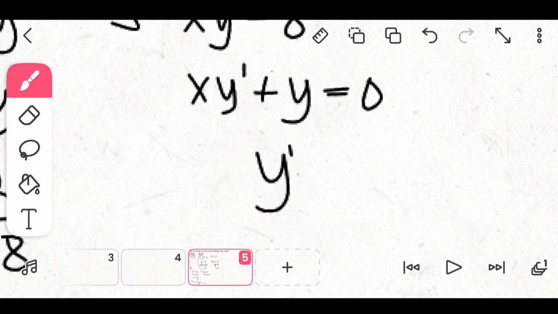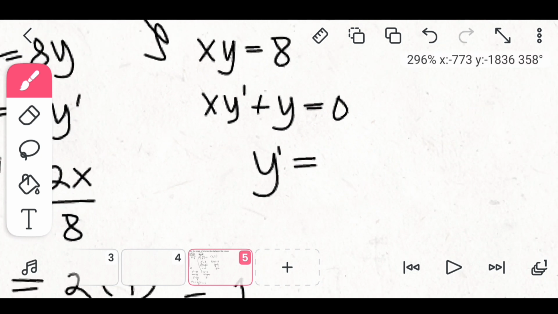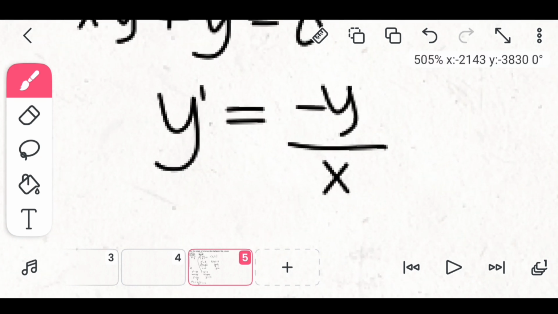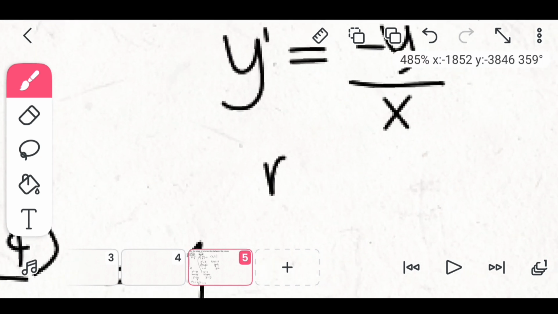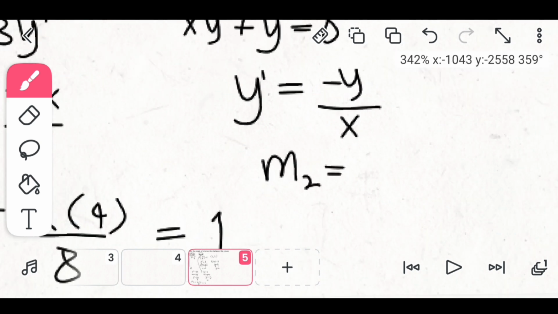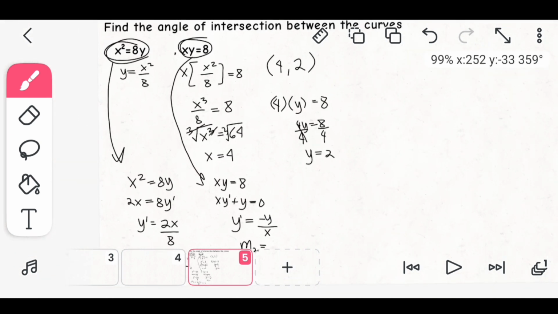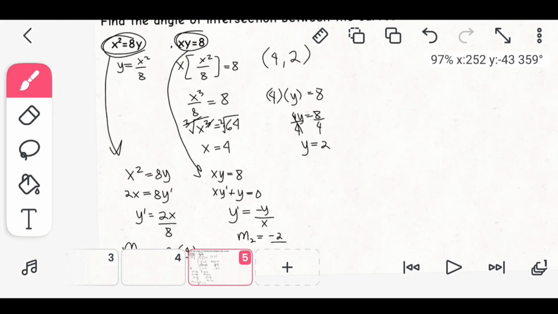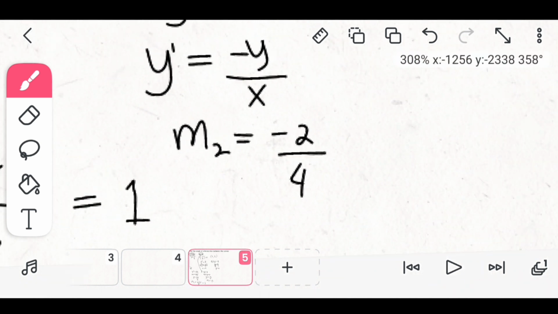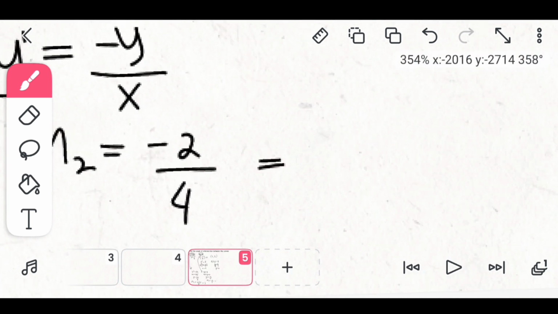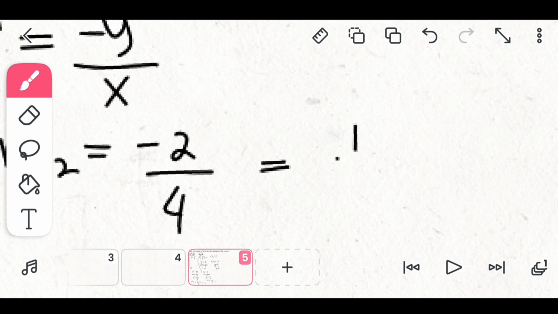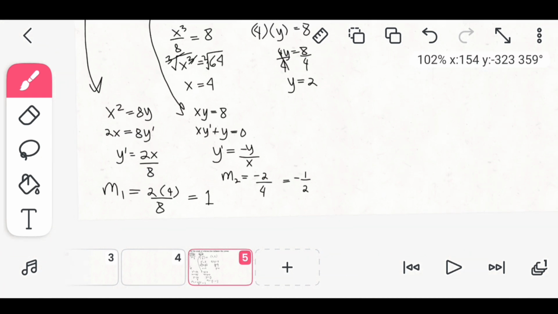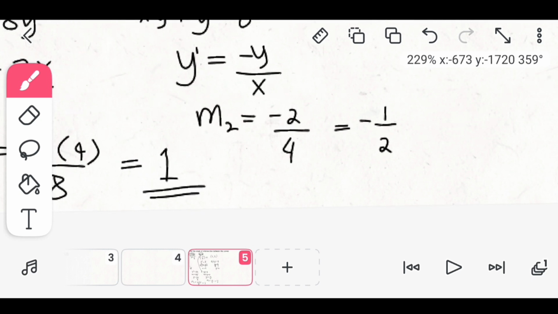Then y prime equals negative y over x. Now to find the value of m2, let's just do it again. Substitute the value of x and y. And now we found the value of m1 and m2.